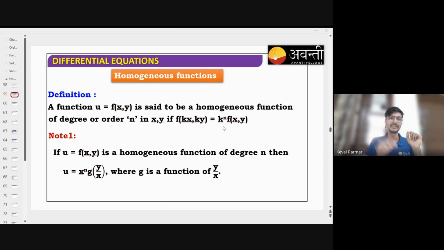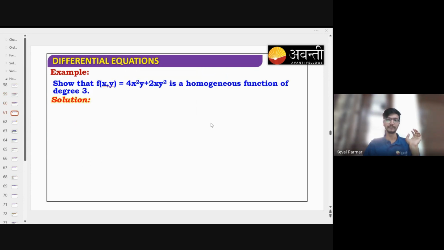Let me repeat myself. If in a function I put kx in place of x and ky in place of y, and all the powers of k come outside, then the function is homogeneous with degree n.